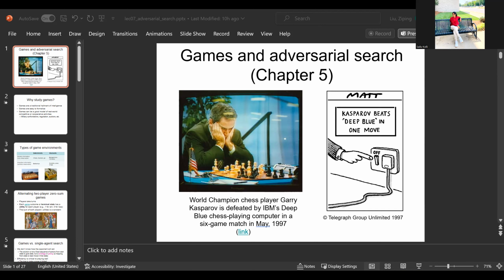Max can go to any of the 9 squares. With max going to any of the 9, min will have another 8 options. And under that, max will go again. So just think about how big this search tree will be. This game tree will grow. It's huge.